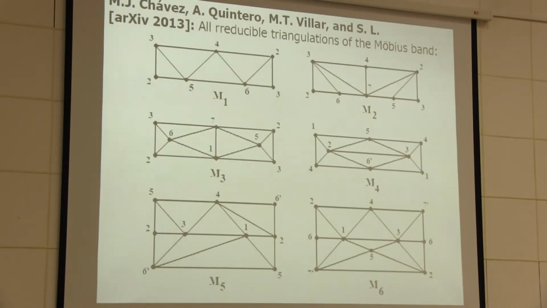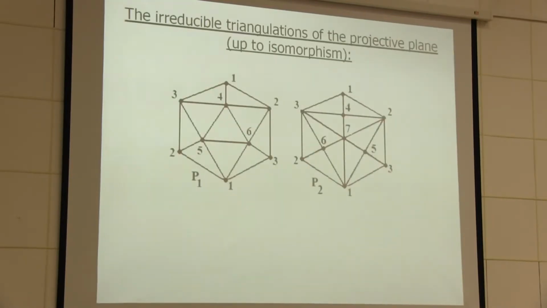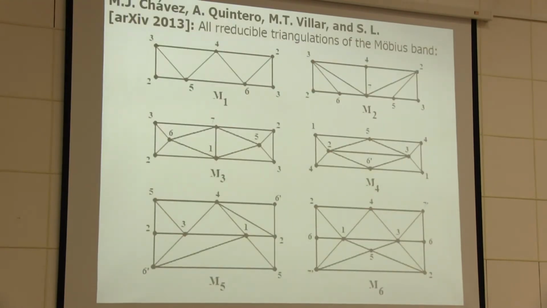And I want to give you the idea how we got these triangulations and how we are looking for all the irreducible triangulations of the once punctured torus. I will give you the idea, but on the example of the Möbius band, because this case is simpler than the once punctured torus.